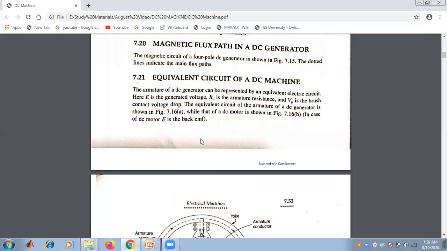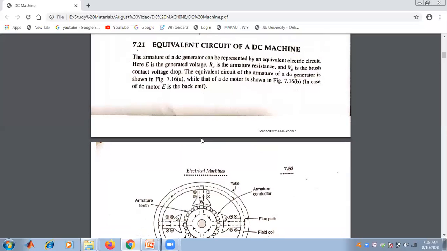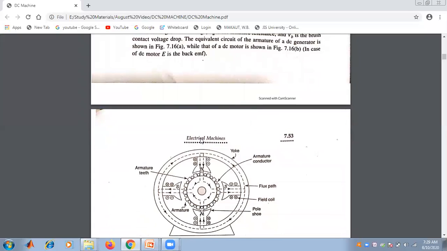So the armature of a DC generator or a DC machine can be represented by an equivalent electrical circuit.